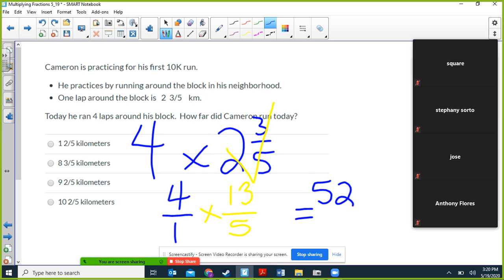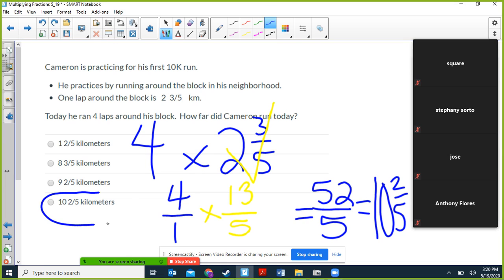And then 1 times 5. So I can actually do that in my head because I know 5 times 10 is 50. So I can get 10 groups of 5 out of 52, and I would have 2 left over and bring my denominator right over. So that would leave me with 10 2/5. So he actually ran a little bit more than his 10K. All right, any questions on that one?